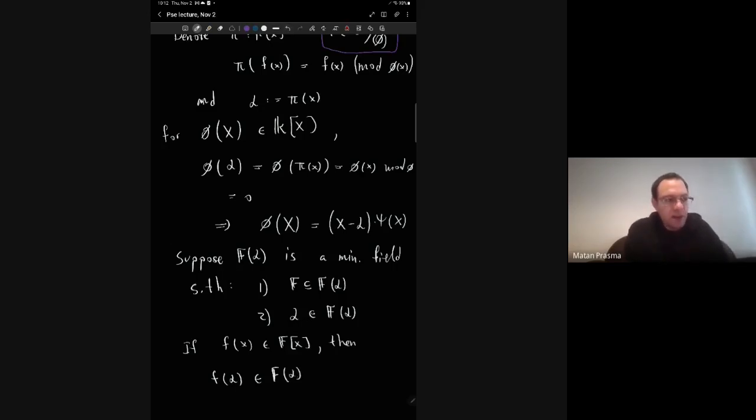It has to contain alpha, therefore it has to contain alpha square and alpha cube and so on, but it also has to contain a constant, say lambda, from F times alpha, and it has to contain lambda times alpha plus delta times alpha square, and so on. So it has to contain all polynomials in alpha.